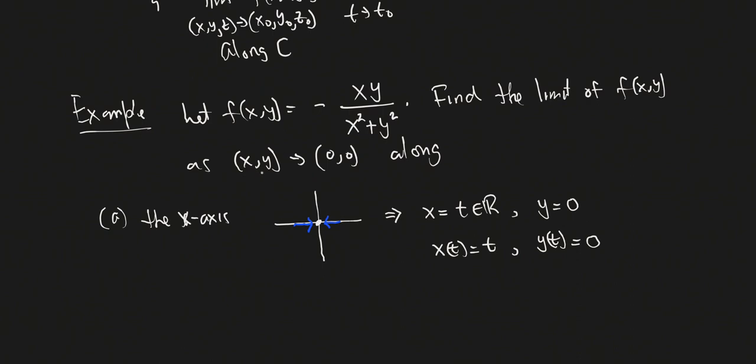And then the thing to note is, as x approaches 0, then it means t approaches 0, right? So let's set up this limit. So first, let me write it like this. The limit as xy approaches 0, 0. Here is our function.